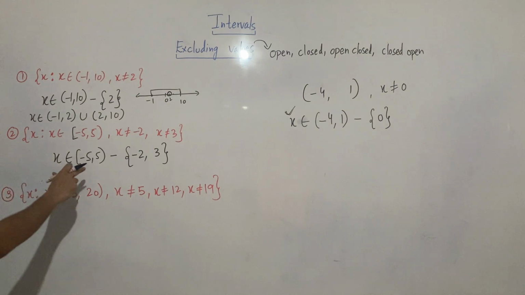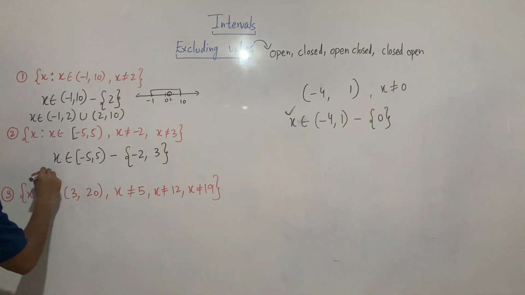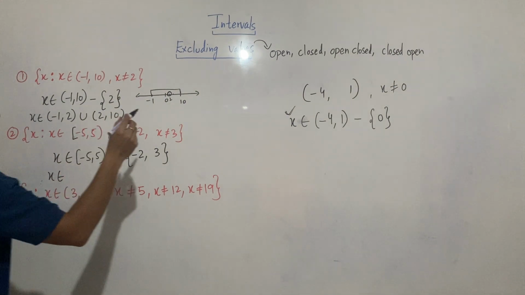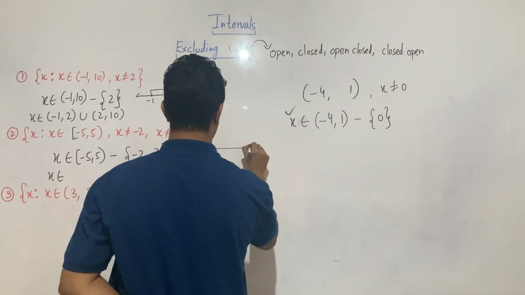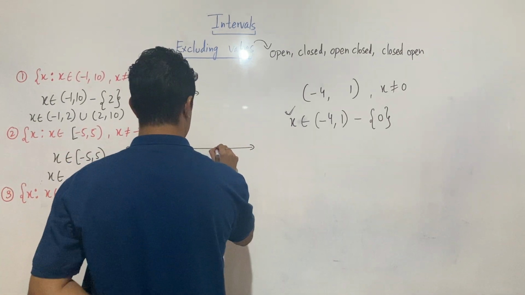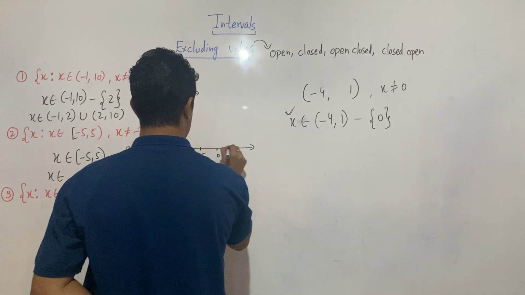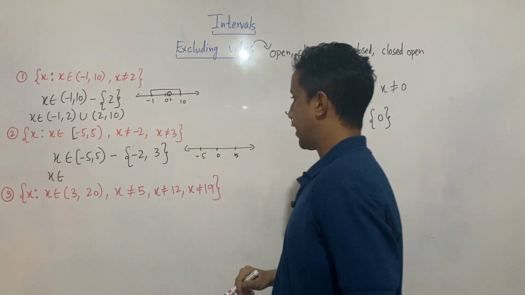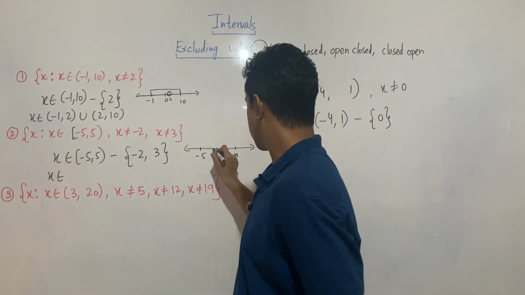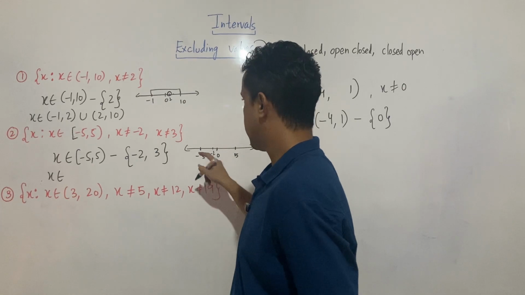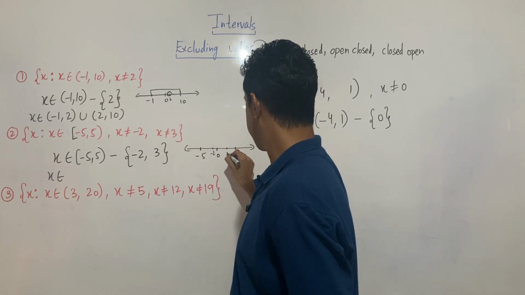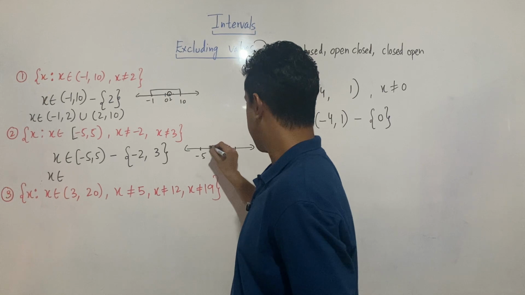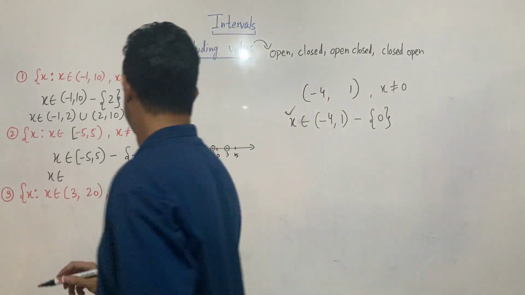So what could be the other way to write it? If you draw a number line here, this is -5, this is 5, and x cannot take -2, which is here, and 3, which is here. So what does it mean?